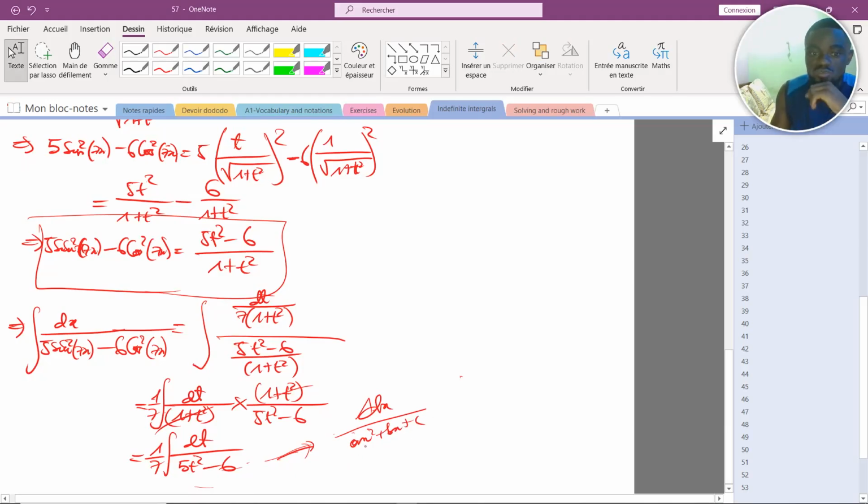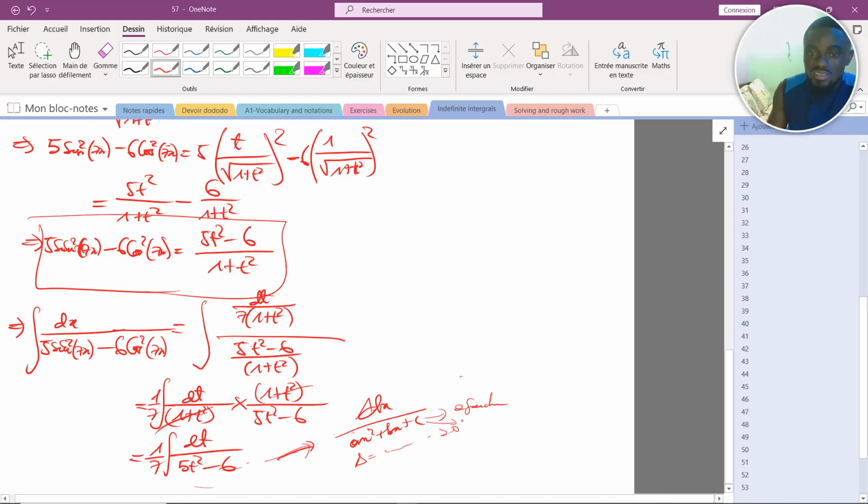So what we have to do here is basically find delta. After finding delta, if delta is greater than 0, we will write this as a product of 2 factors, then express it in partial fractions and integrate.